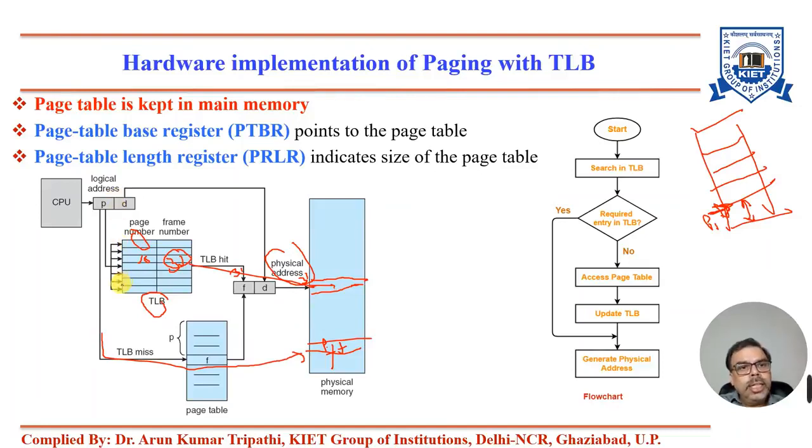Firstly, the mapping may reside at this location. So there is a time, maybe in nanoseconds, to search that mapping in the TLB. So some time is required. Then it has to search for the particular frame number corresponding to that page number that is generated by the CPU.